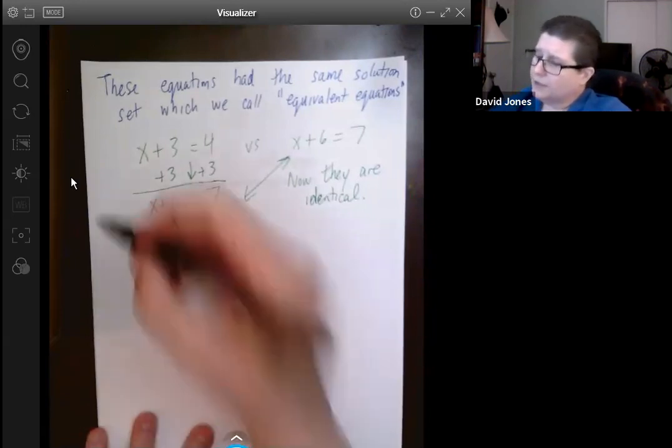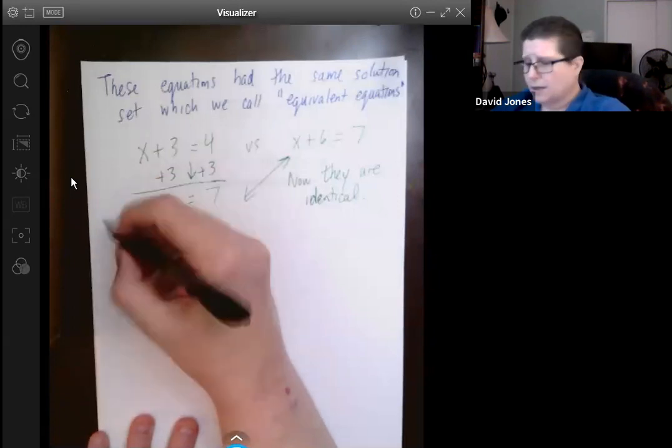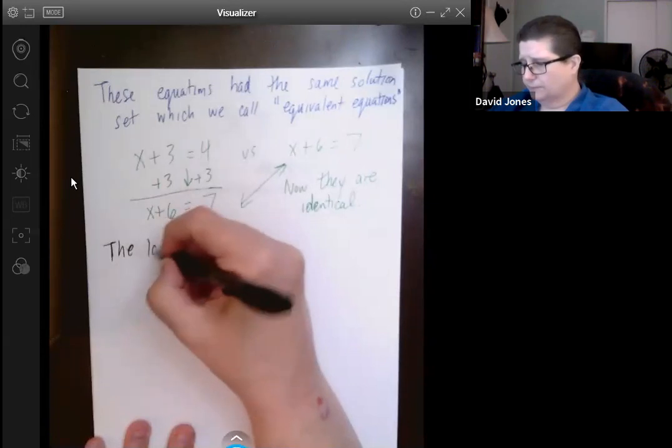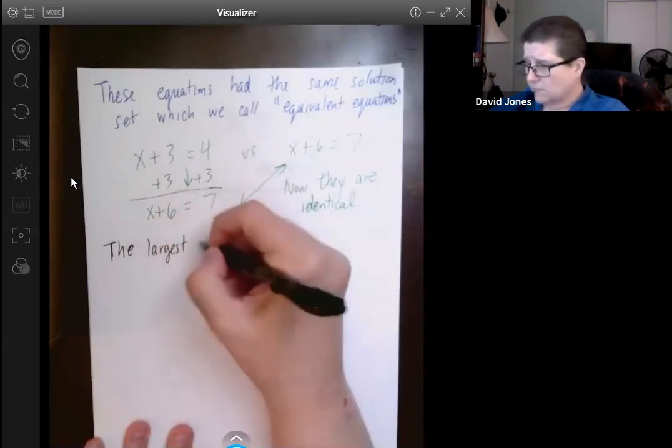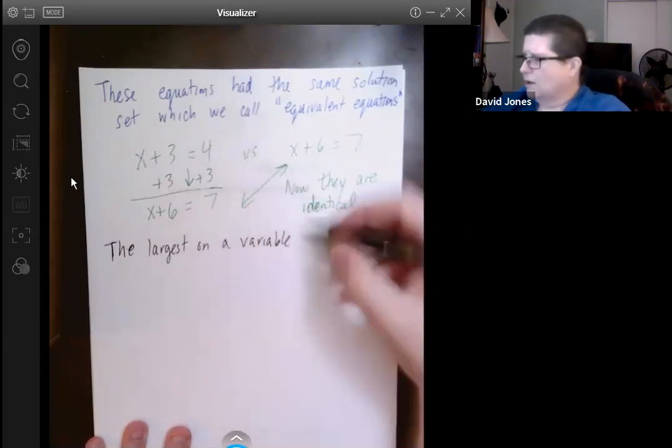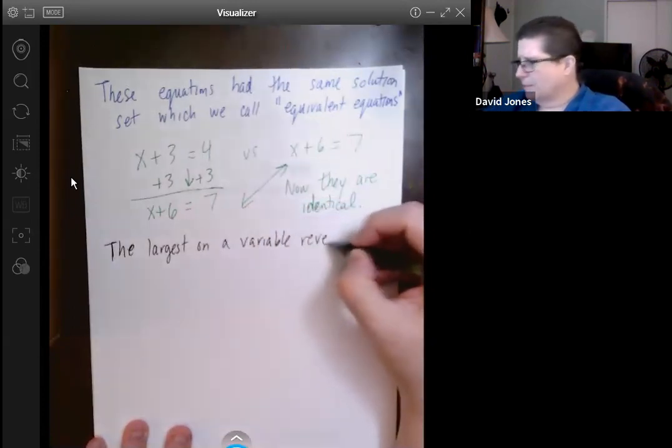So, fun fact, the largest exponent on a variable reveals the maximum number of solutions.